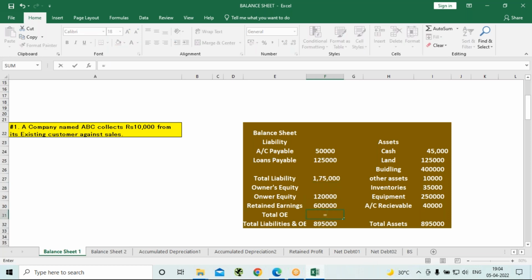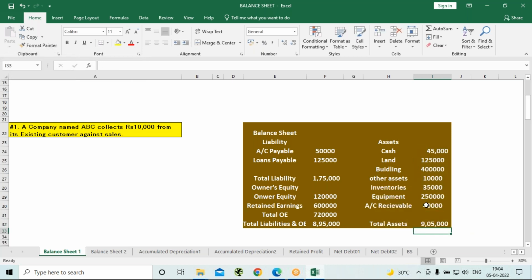This will be the sum of these values, and this will be equals to plus this value, and this will be equals to the sum of all these values.